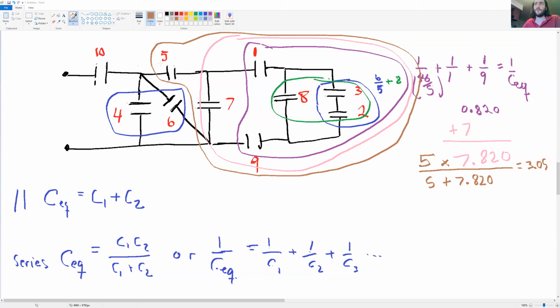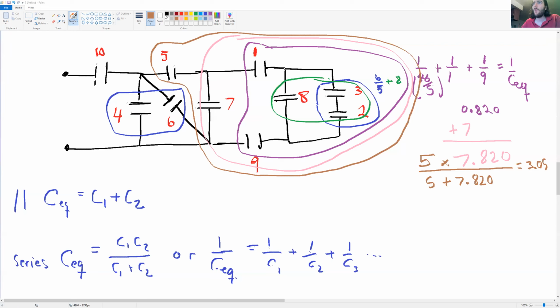Okay. So the 5 in combo with the pink here is 3.05. Does that check out? Yes, it does, because 3.05 is less than 5 and it's less than the 7.82. So at least conceptually, that checks out.